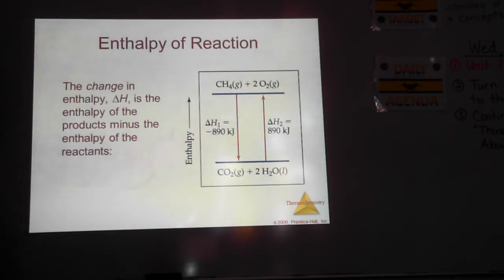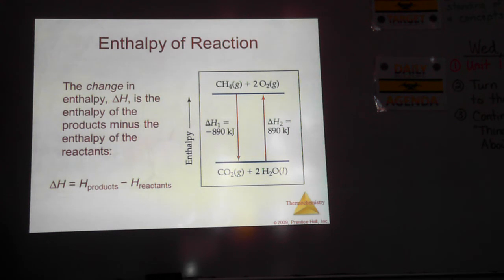Okay, so the enthalpy for an entire reaction then is the enthalpy of the products minus the enthalpy of the reactants. So here you see a basic combustion reaction. You have methane combining with oxygen gas to produce carbon dioxide and water.